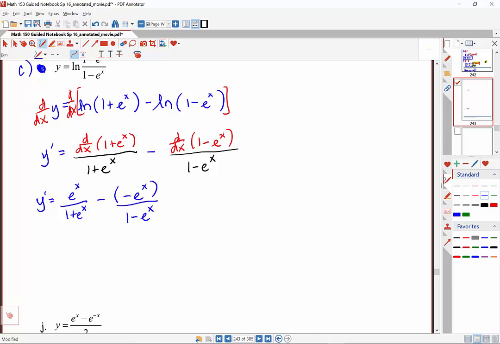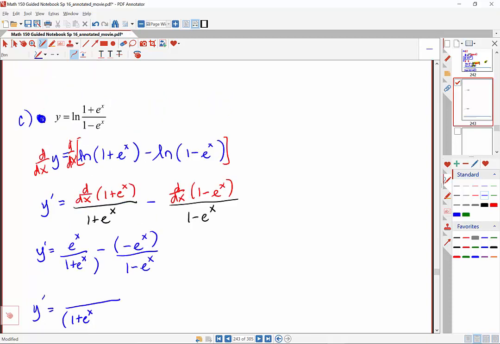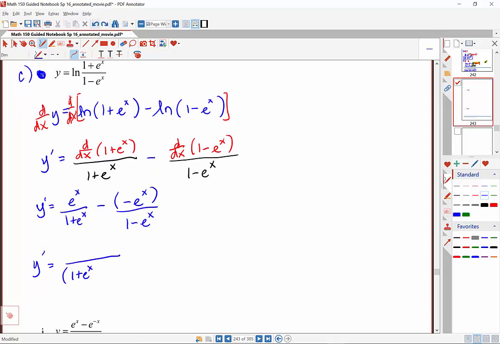All right, so getting a common denominator of 1 plus e to the x times 1 minus e to the x. In the numerator, we'll have e to the x times 1 minus e to the x plus e to the x times 1 plus e to the x.